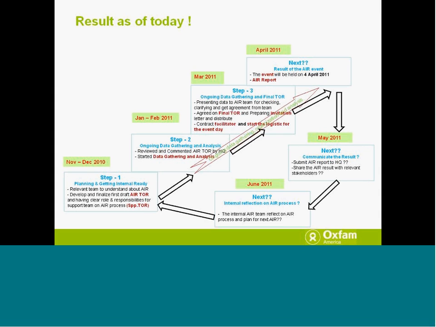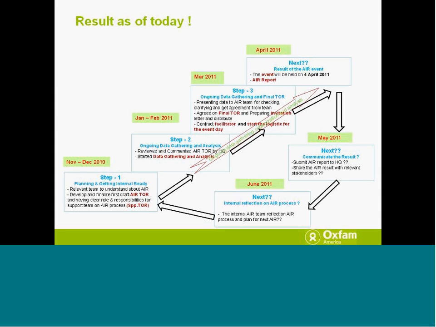The second point is that besides documenting the process itself, we also want to capture the important documents produced at each specific step. For example, in step 1, we have the AAR TOR and the support team TOR.